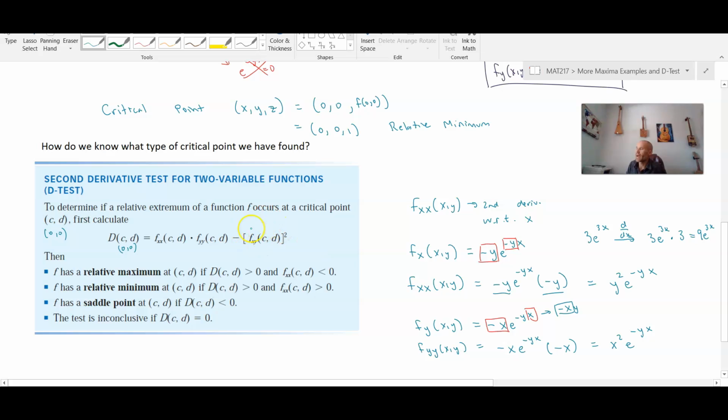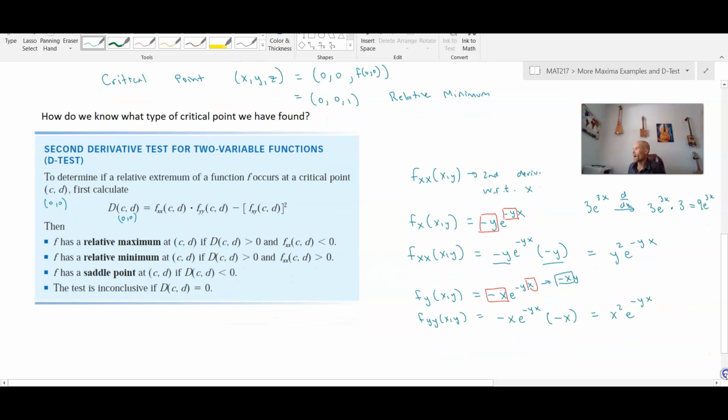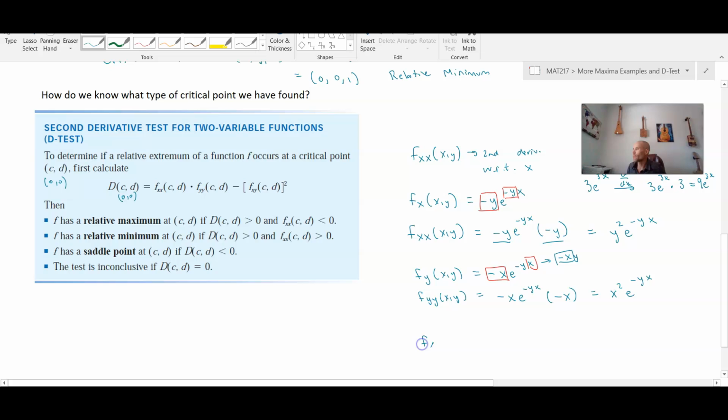Now this little weird guy here, f sub xy, is the derivative of f sub x. We take the derivative of f sub x, which is the first thing we took the derivative with respect to.